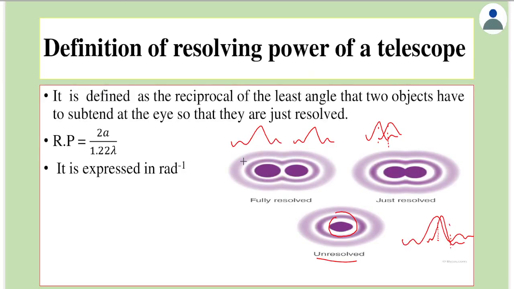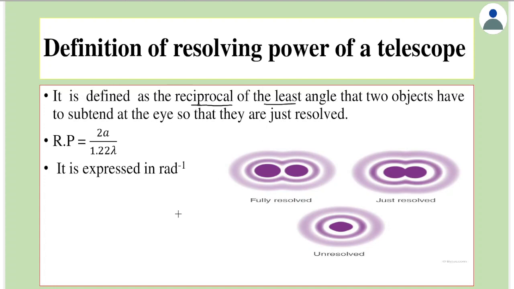From here, we will define a very important term called resolving power, which was defined earlier also, but we will define it once more. It is defined as the reciprocal of the least angle subtended, because here we learned d theta is equal to 1.22 lambda by 2a, and this angle is measured in radians because we are using the concept of arc length. We can define resolving power using d theta also.